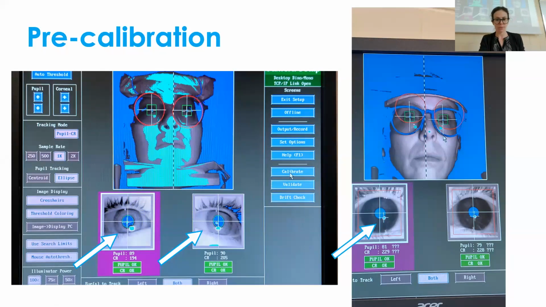So what will happen if we don't correct that? If you don't correct that, it's possible that the eye tracker will use this glare, and will basically be less precise in the calculations of where your gaze is, because you need both measurements to be accurate.